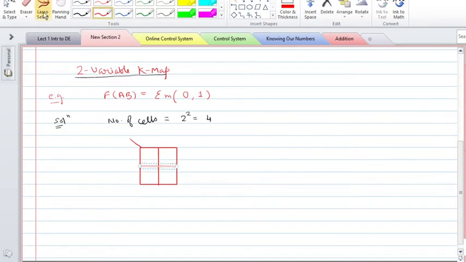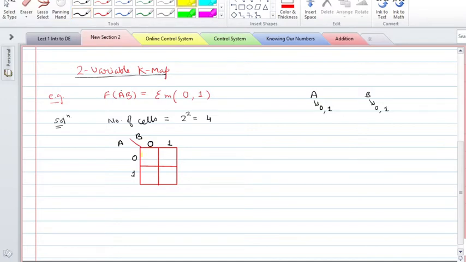And here we have to write the variables a, b. Now for these two variables, a can have two possible values, either 0 or 1. Similarly, b can have two possible values, either 0 or 1. So we have to write 0 here and 1 here, 0 here and 1 here.